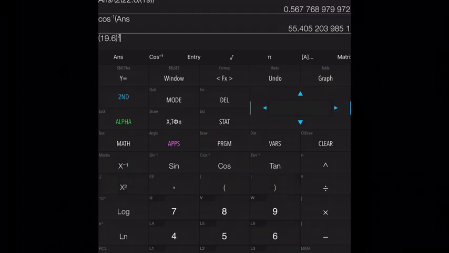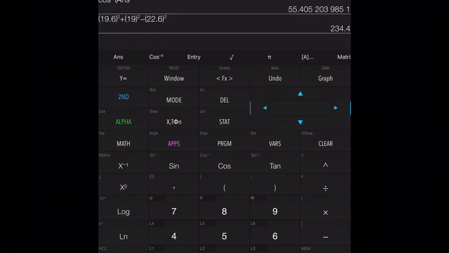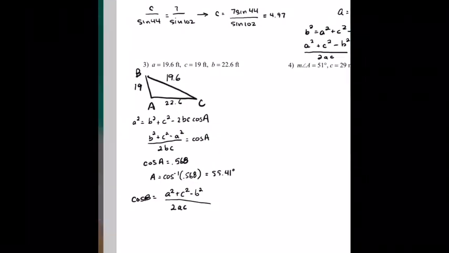So 19.6 squared plus 19 squared minus b squared, and then divide that. Since we're dividing by multiple terms, we're dividing by 2ac, so parentheses 2ac, 0.315.